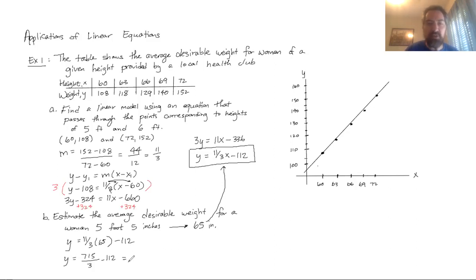Okay, so in an effort to show you how to use an exact value, we should get a common denominator. We're subtracting 715 over 3 minus 112. Get a common denominator, which is 3. So I'm going to multiply 112 over 1, we can think of that as 112 over 1 by 3 over 3.